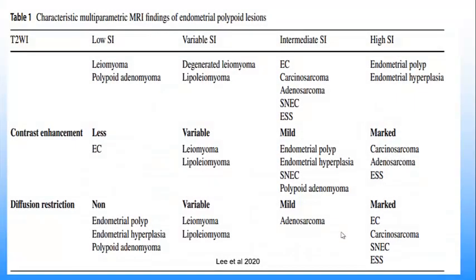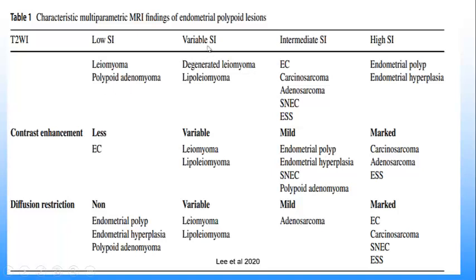And this is a nice table from this paper also, Lee et al. 2020, characteristic multiparametric MRI findings of endometrial polypoidal lesions. When you look at the T2, when you find low signal intensity, then we are talking about leiomyoma, but sometimes the polypoid adenomyoma may be low on T2.